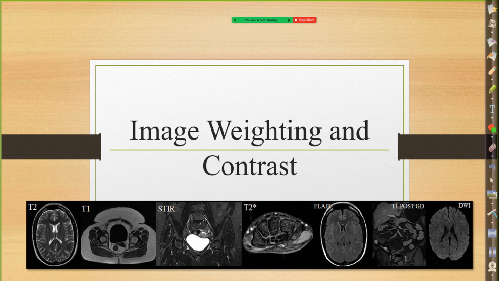All right. So we're going to discuss image weighting and contrast. So you see down here some different MR images.